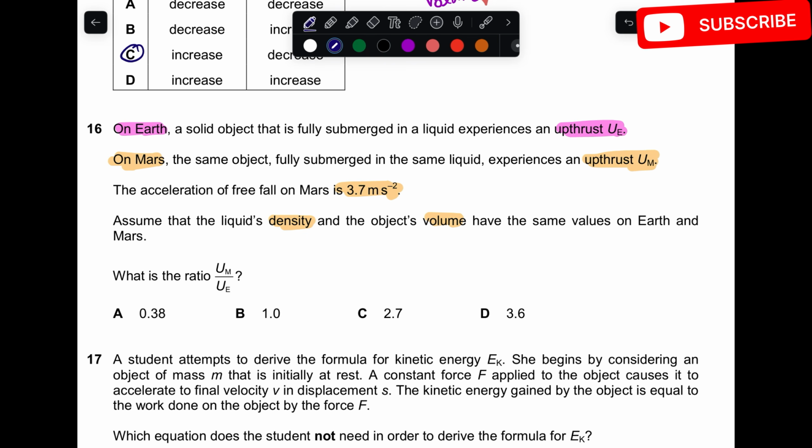Okay, so you have to find UM over UE. The upthrust force formula is density times gravity g times volume.